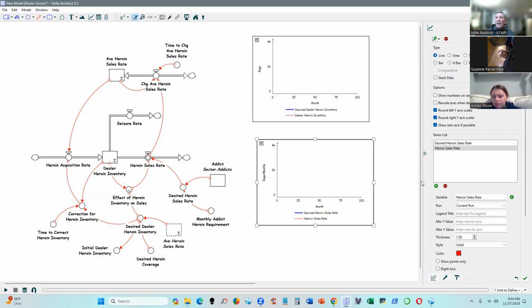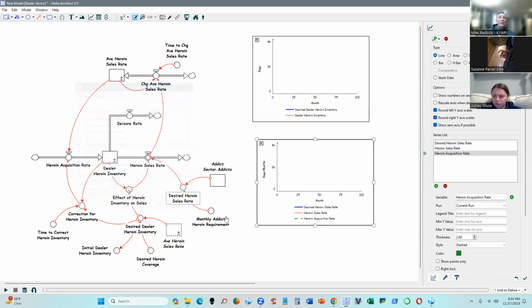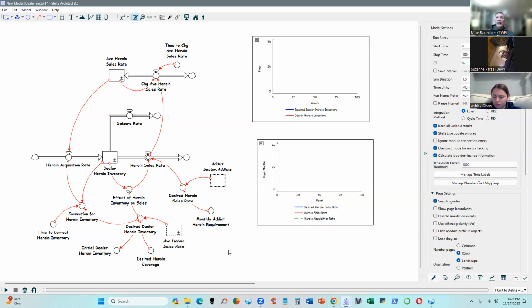But right now it's just for the purposes of showing you. And then the acquisition rate. So we've got the flows here. The seizure rate is 0, so we're not going to worry about that. And I think it said 48 months in the newspaper article, something like that.